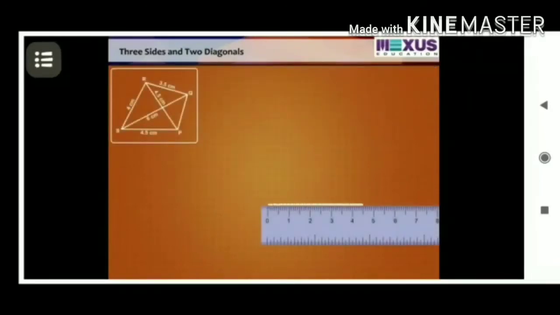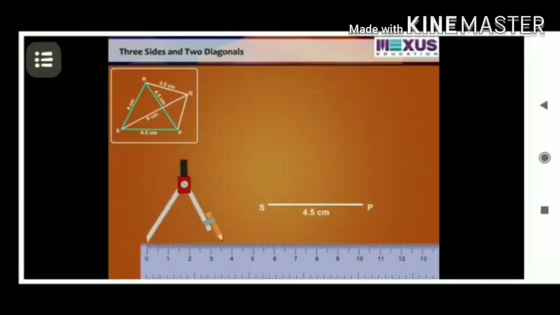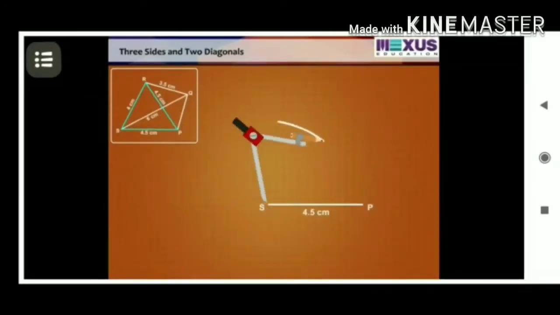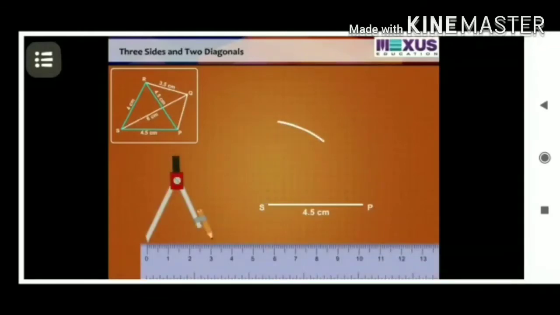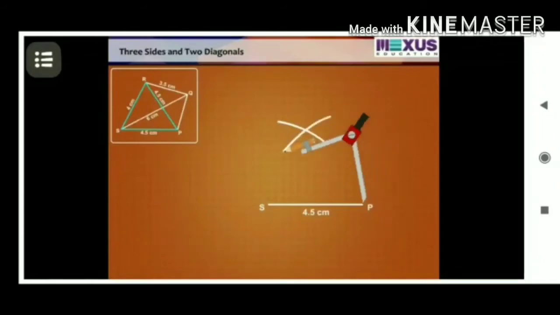Draw a triangle PRS using SSS construction. Now we need to locate Q at a distance of 3.5 centimeters from R and 6 centimeters from S.